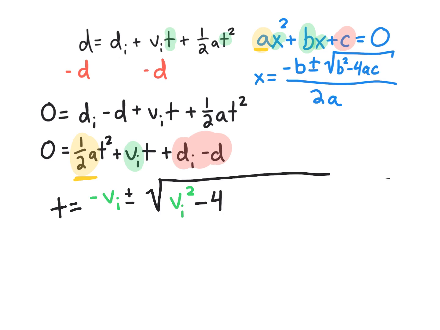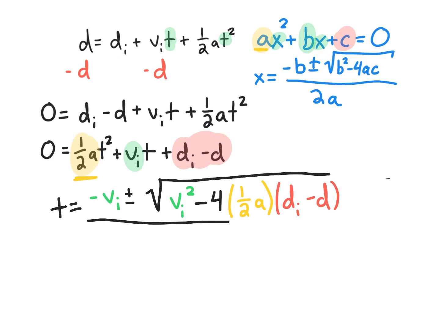I know they both say a, but in this equation right here, the half of a, that's a as an acceleration. So I'll put half of a times c, and c is going to be my d sub I minus d. And then I plug in the bottom.